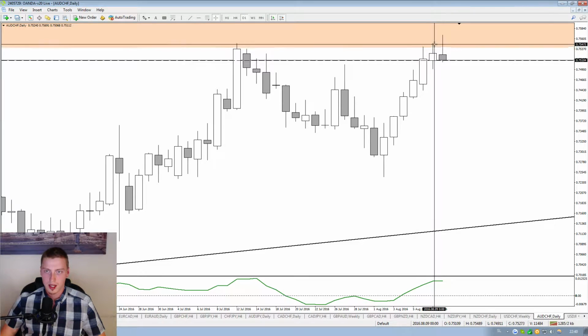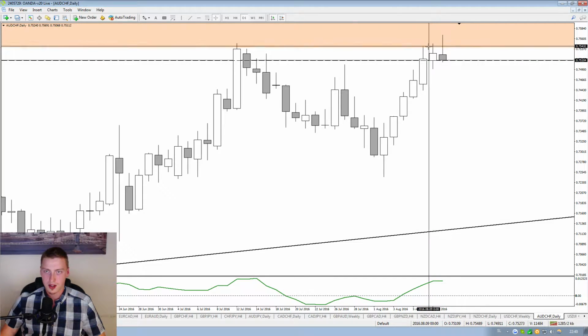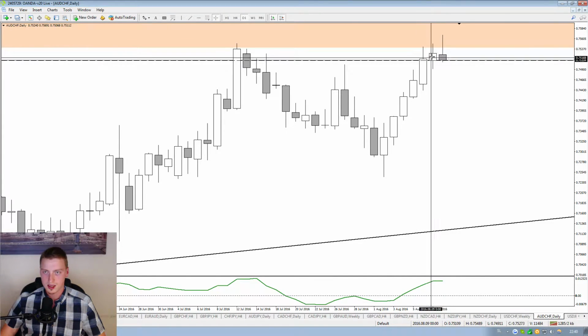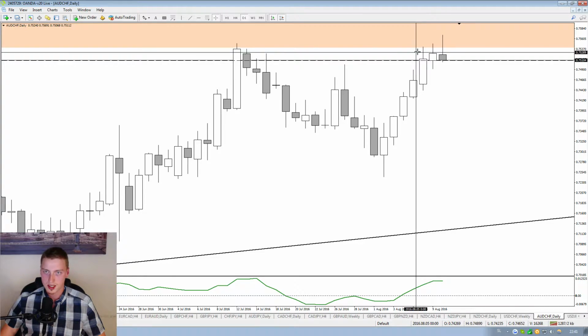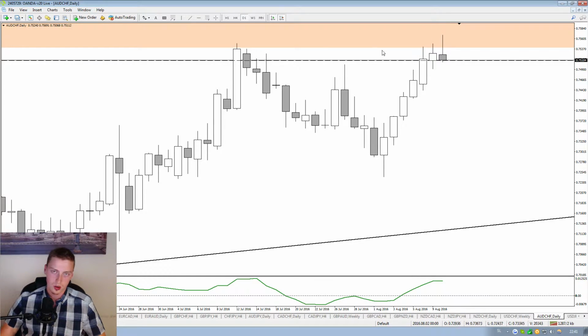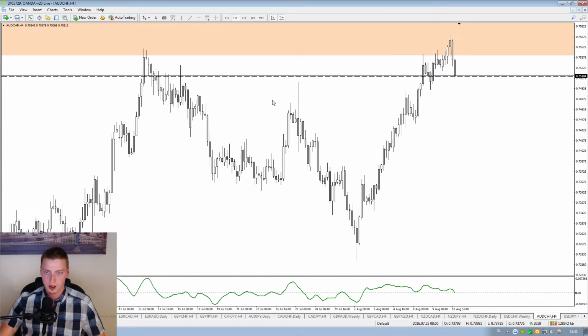When a candle just makes a little high, it is not a bullish candle. I don't know, in this case, yeah, it is. You can see a divergence, obvious one.